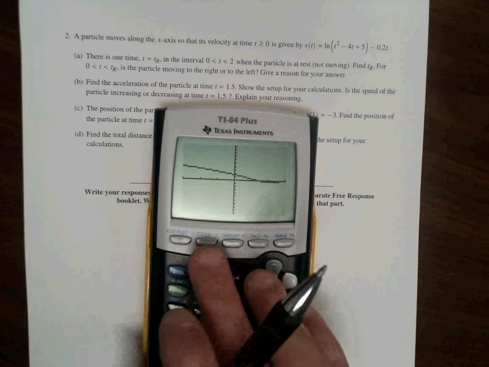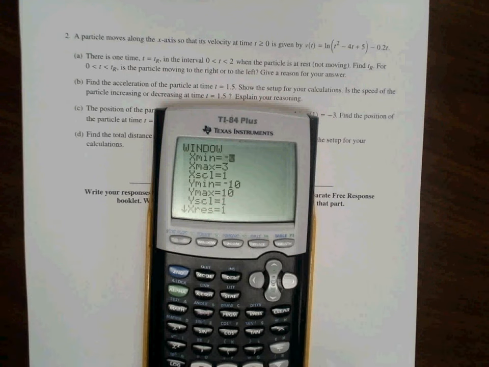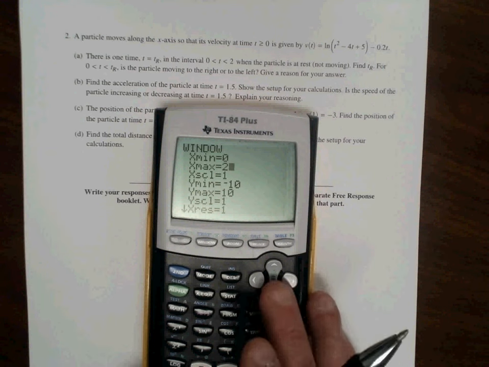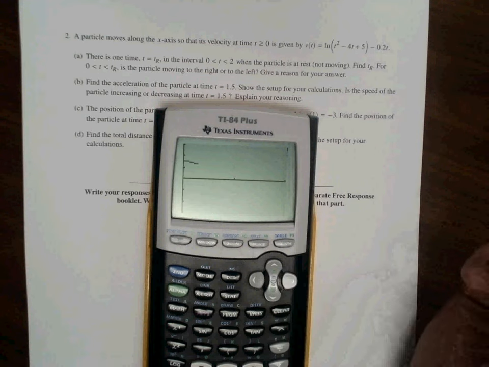That was my fault. Window. This was -10 to 10. This is what I want to change from -3 to 3, just so y'all can see more clearly where that intersects the x-axis.